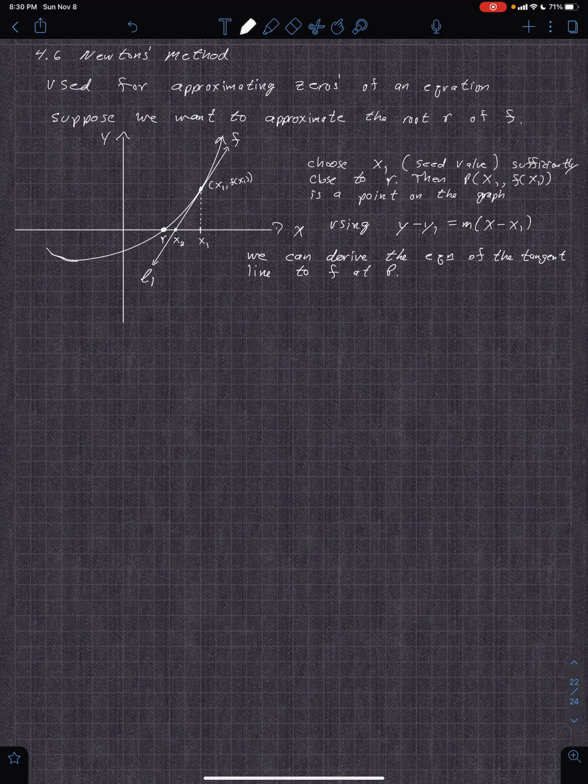So L1 is going to be y minus f of x1, that's the y value up there, equal to the slope we know as the derivative, f prime of x1 times x minus x1.